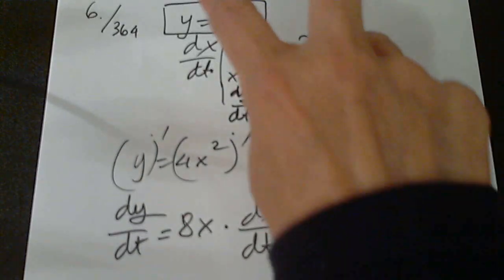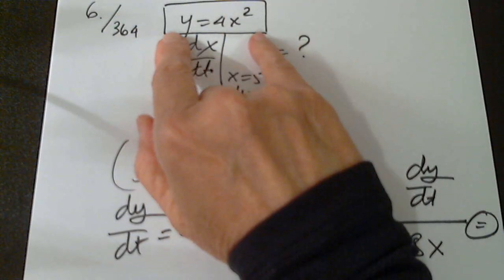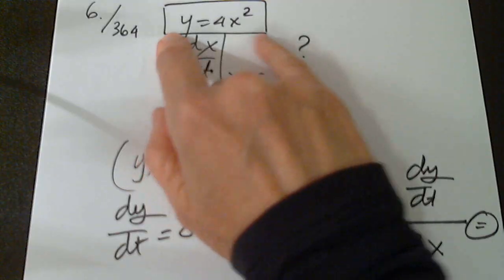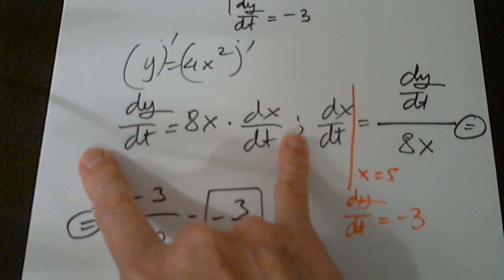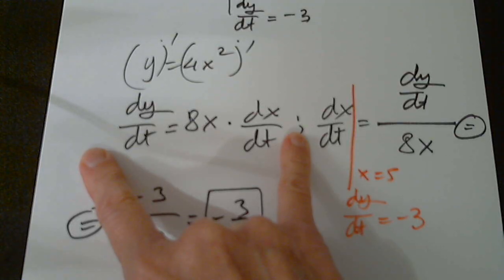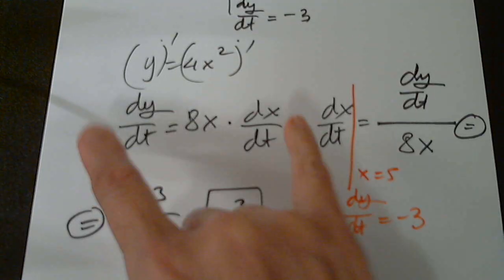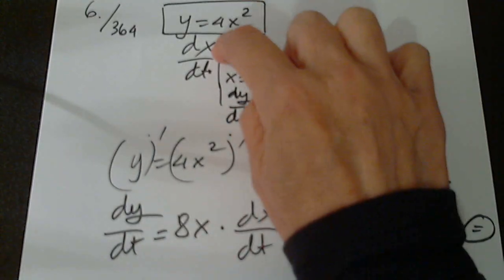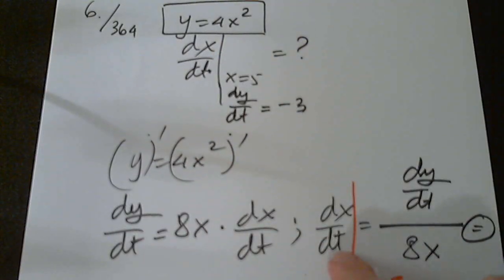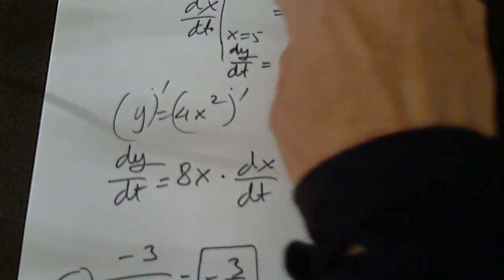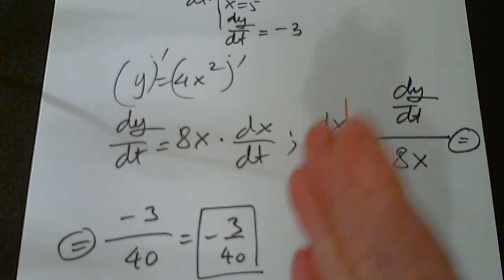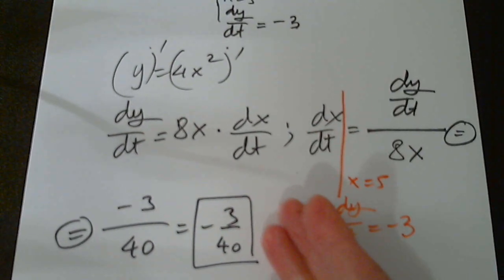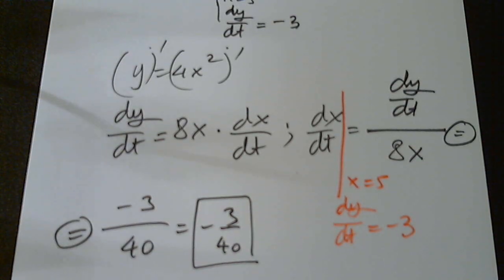So from the given equation that relates the two functions to each other, I was able to find another equation that relates their derivatives to each other. Then I was asked to find dx over dt. I did. And then I was asked to plug in these numbers in what I have, which I did. So the answer is -3 over 40.